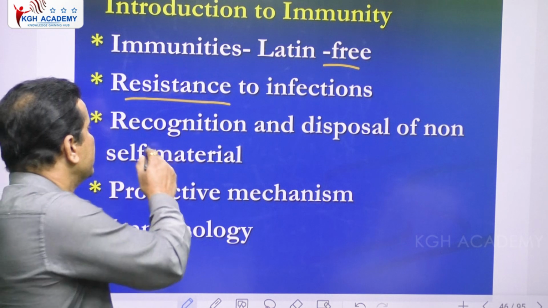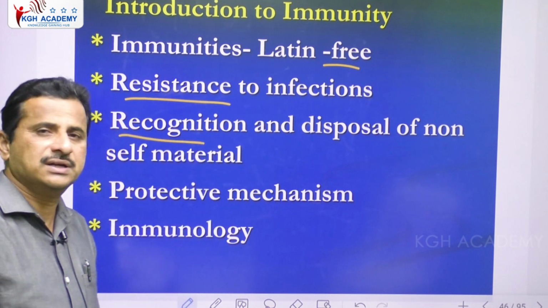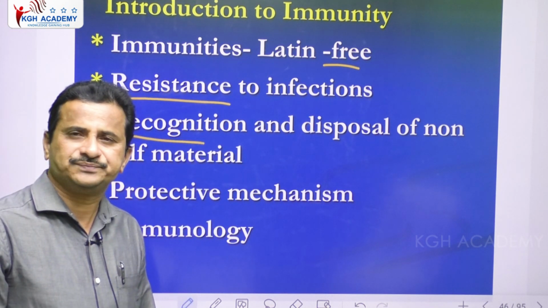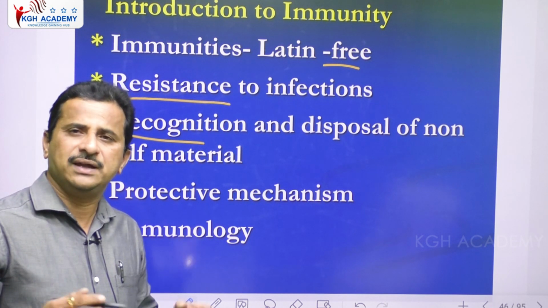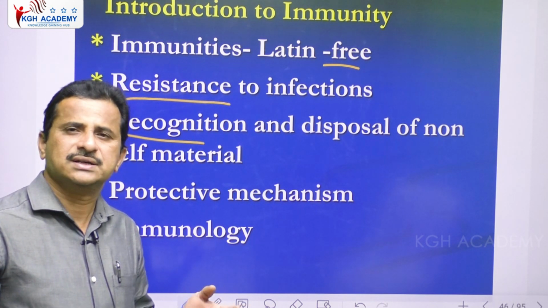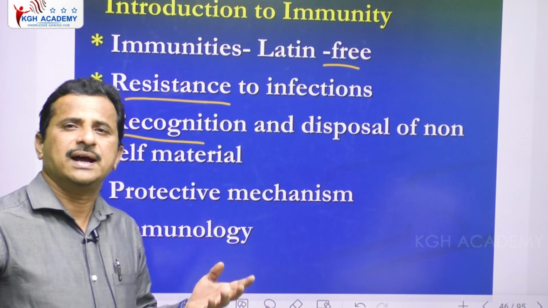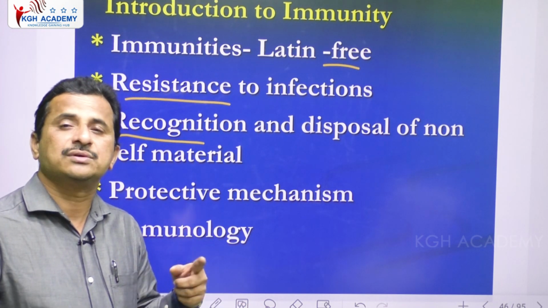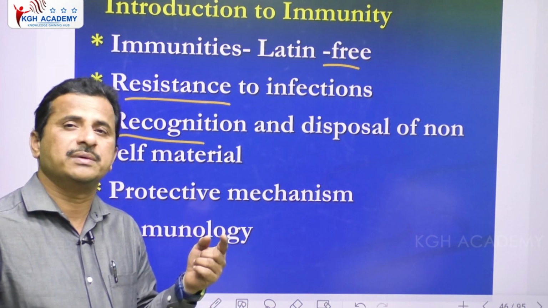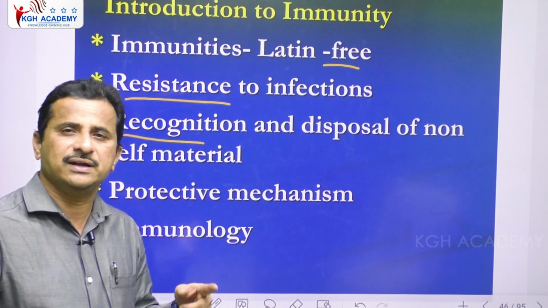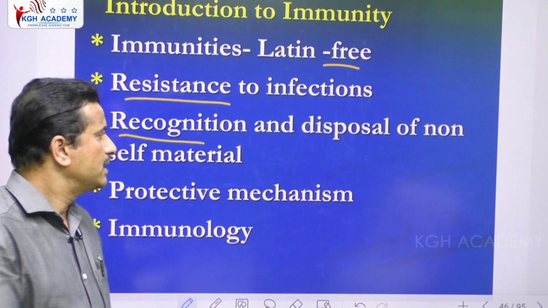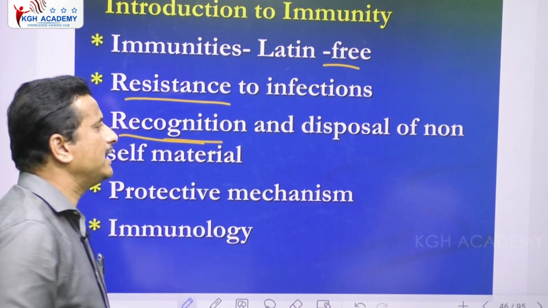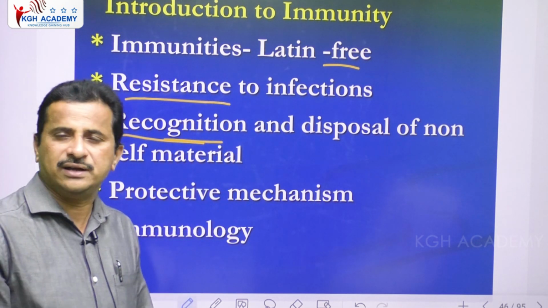So in immunity, what happens? It recognizes different chemicals, toxins, and microorganisms, and our body eliminates them through different methods, factors, and mechanisms. This is the recognition and disposal of non-self material.